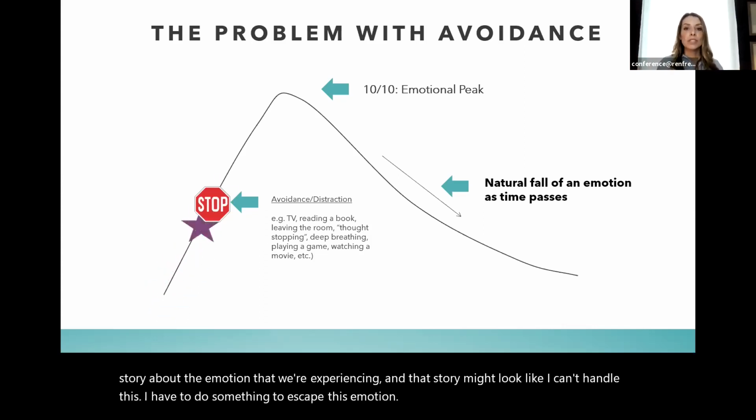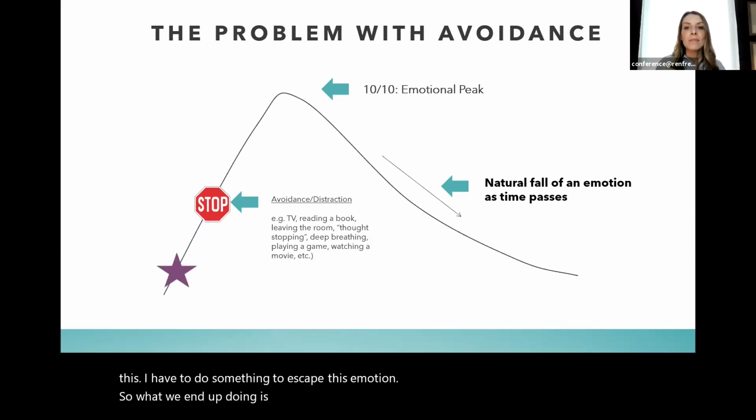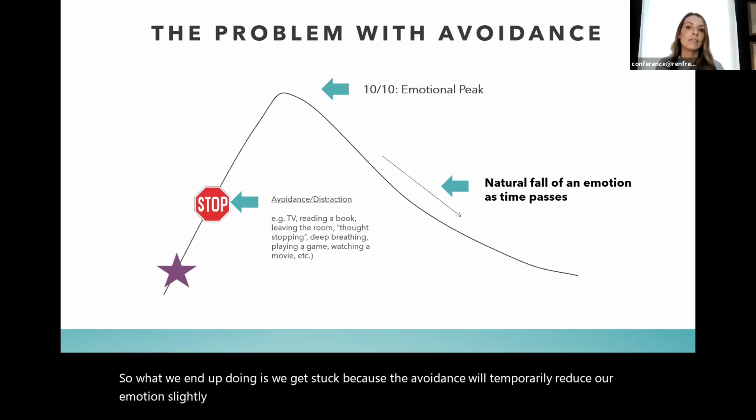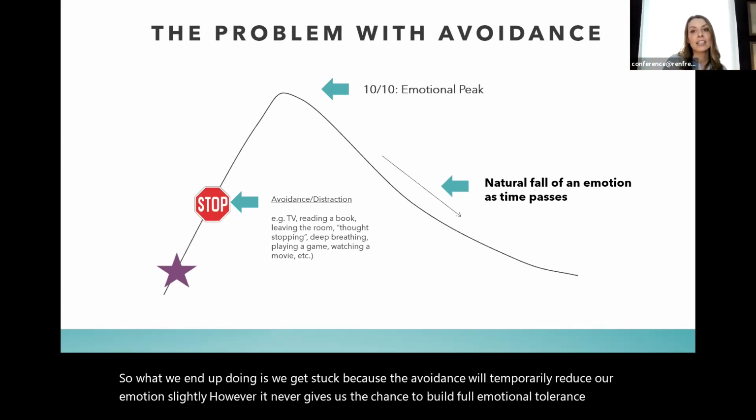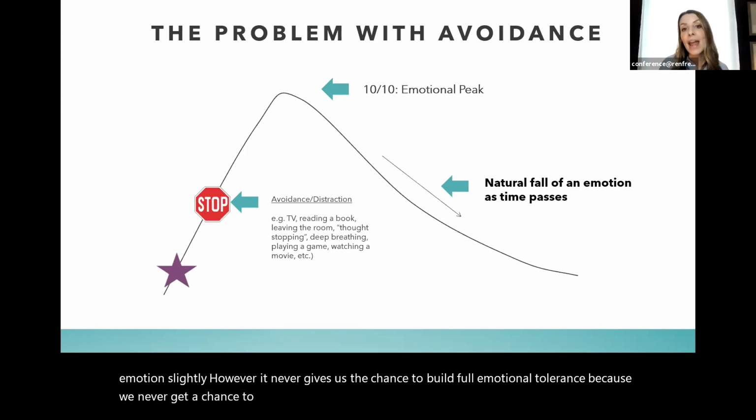So what we end up doing is we get stuck, because the avoidance will temporarily reduce our emotion slightly. However, it never gives us the chance to build full emotional tolerance because we never get a chance to actually ride the wave of the emotional experience.